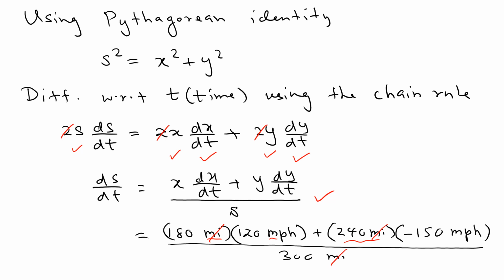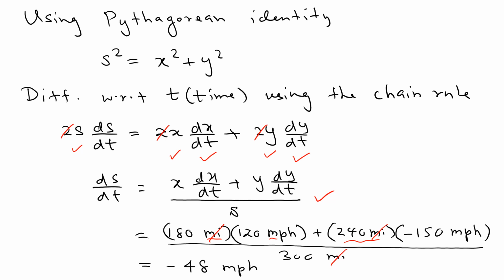And if you use a calculator, you should get negative 48 miles per hour. So that means the distance between the two planes decreases at a rate of 48 miles per hour.